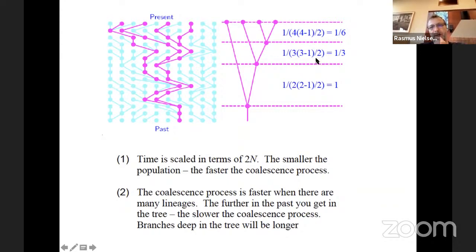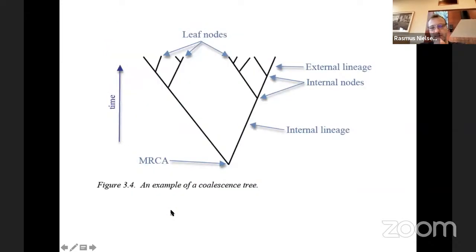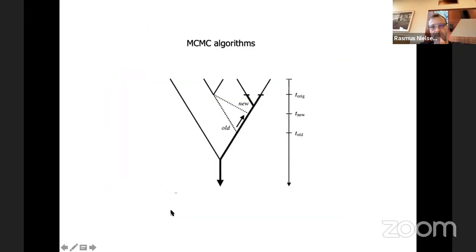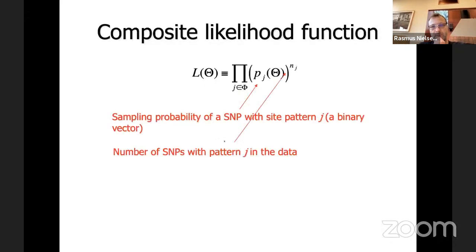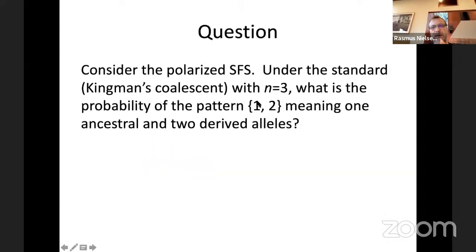Time in the tree in which there are 3 lineages is a third. Time in which there are 2 lineages is 1. And then take down this question. For n equal 3, what's the probability of a 1, 2 pattern? That is 1 of the derived and 2 of the ancestral. That's the question.